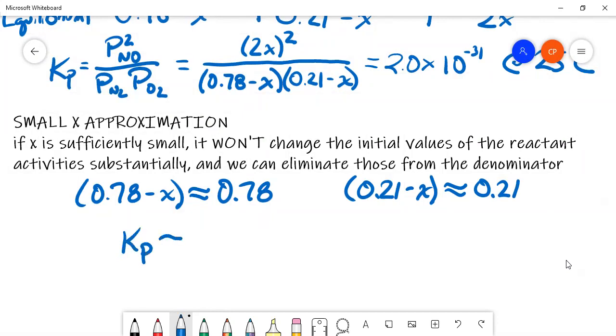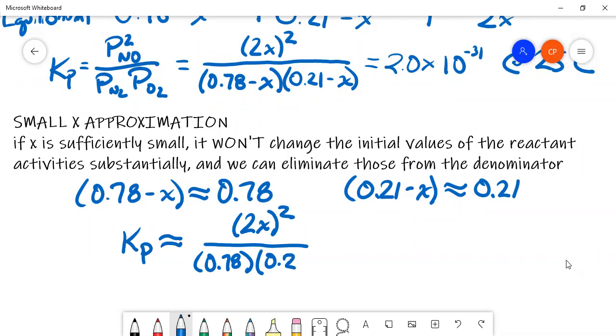So K sub P is approximately equal to 2x quantity squared over 0.78 over 0.21. And that's approximately equal to, wavy equal sign, I swear it.